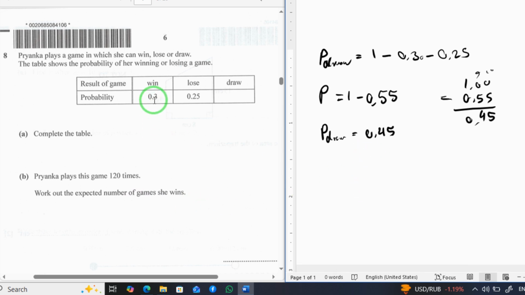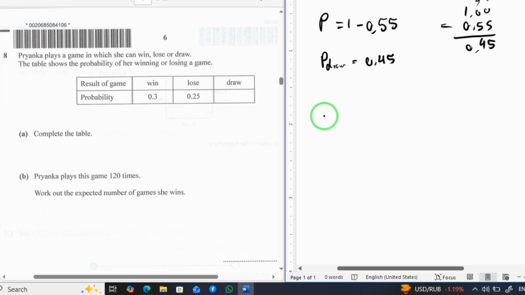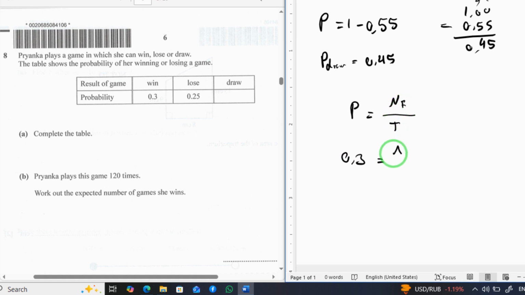Actually, we use this formula, as you know, probability is equal to the number of favorable outcomes over the total number. So here P is for winning. We have 0.3. Number of winning is not clear.